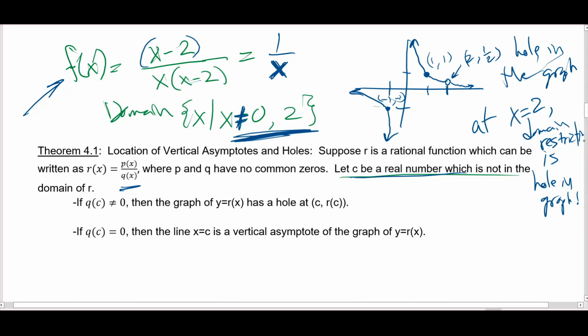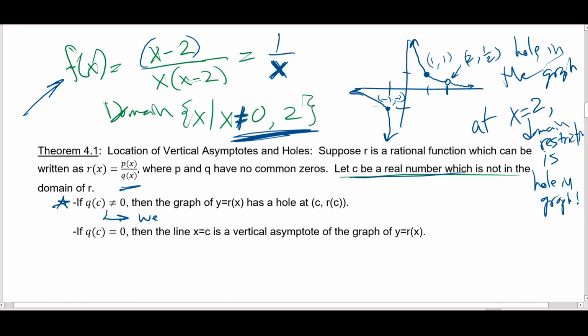Okay, if Q of C is not 0, so what this is saying, check it out. If we put 0 in this, 1 over 0, that's not defined, so that's still not in the domain. If I put 2 into this, though, I get 1/2, and that's not 0, right? Which is the case we're in here above.